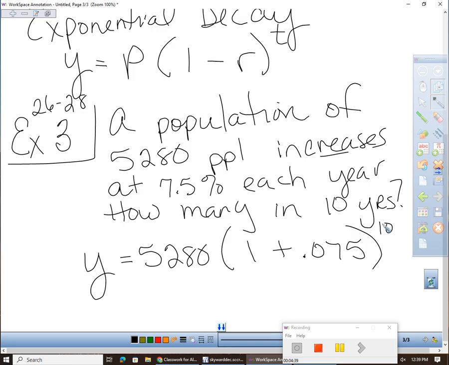Now we're all going to grab our calculators. Because it's taking your whole population, which is one full population, and then adding 7.5%. You got to swoop it over twice to get it to a decimal.